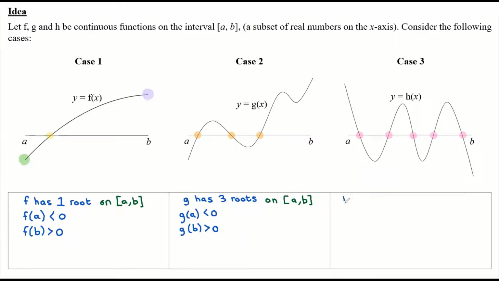So the function h has 5 roots on AB. Okay, and what's happening at the extreme ends? Well, we can see that h of A this time is positive. Okay, fair enough. And h of B is negative.